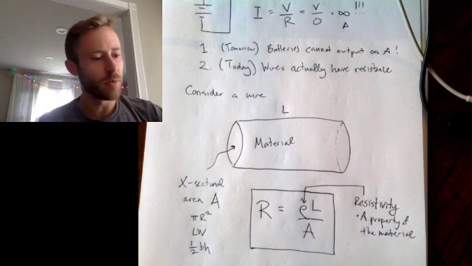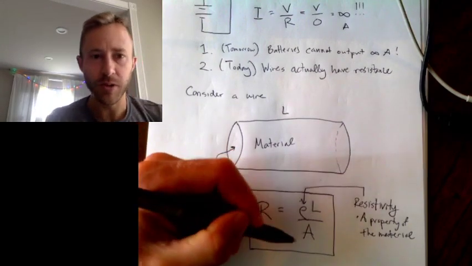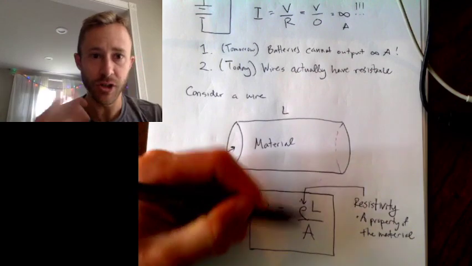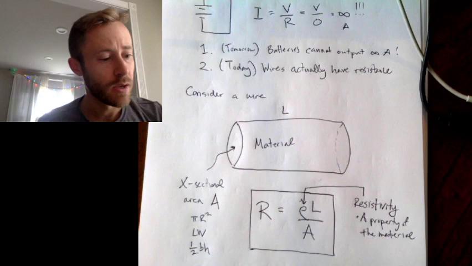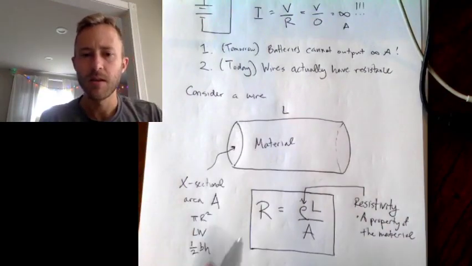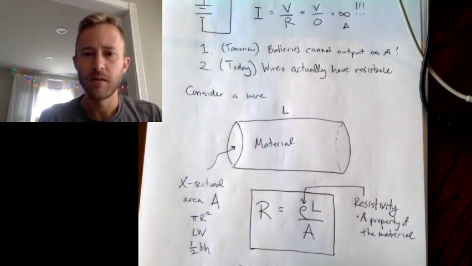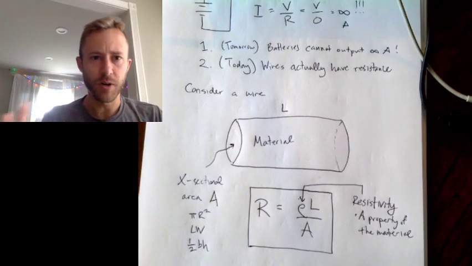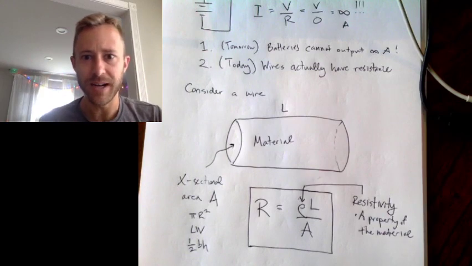So basically L and A, that's where the geometry comes into play. And rho, which is the resistivity, is where what it is made out of comes into play.